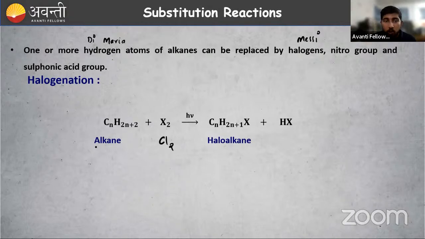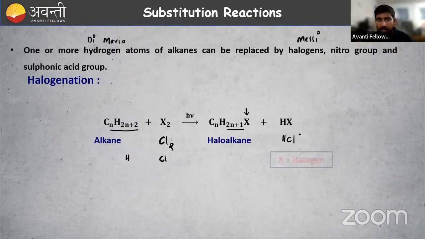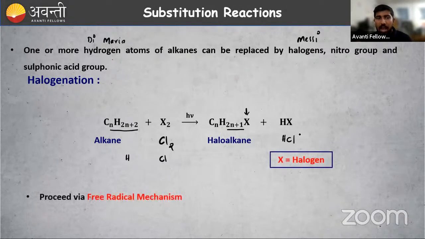So CnH2n+2 becomes CnH2n+1X; we have substituted one hydrogen with X, our halogen. The removed hydrogen combines with the other halogen atom to form HX; if I take chlorine, HCl is formed. That is our substitution reaction, where X is our halogen.